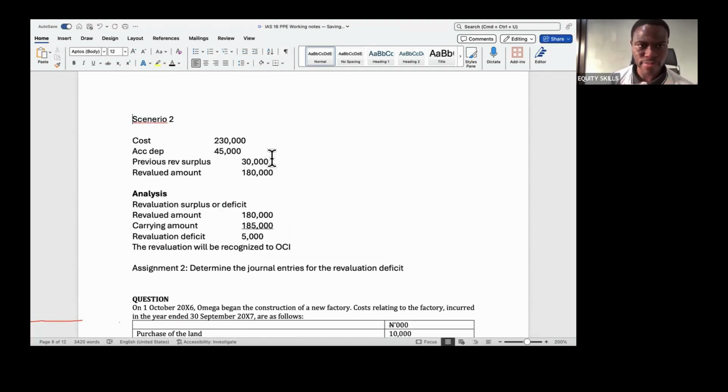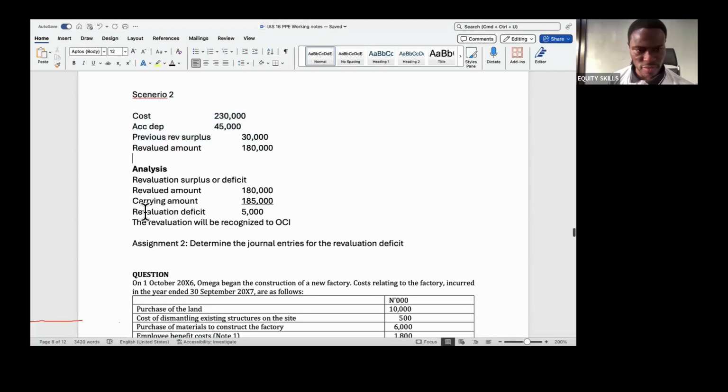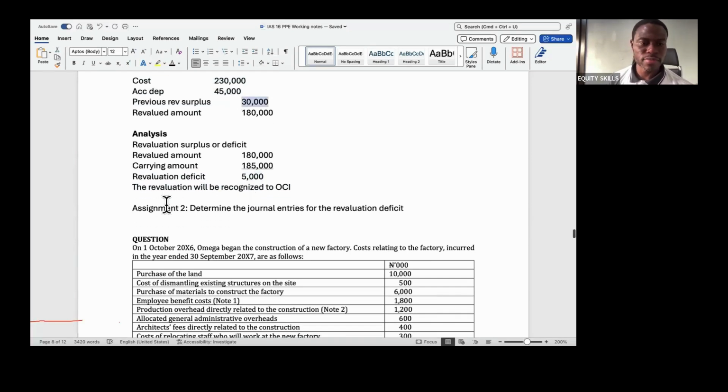Scenario 2, this same asset. I gave you this question. There was a previous surplus. In this question, we had a deficit of 5,000. And it said the revaluation will be recognized in OCI because we had a previous surplus, right? Okay.